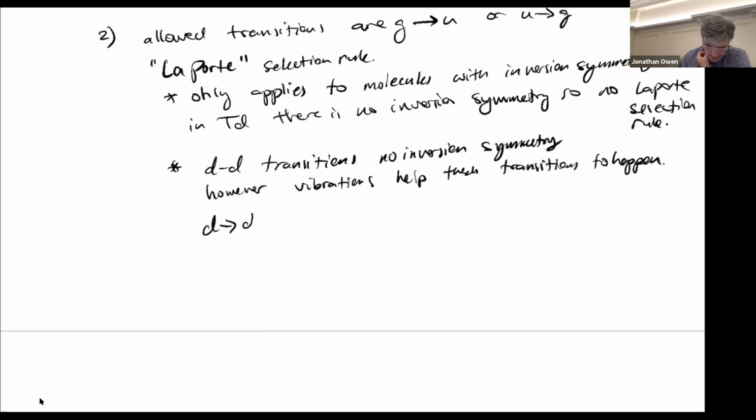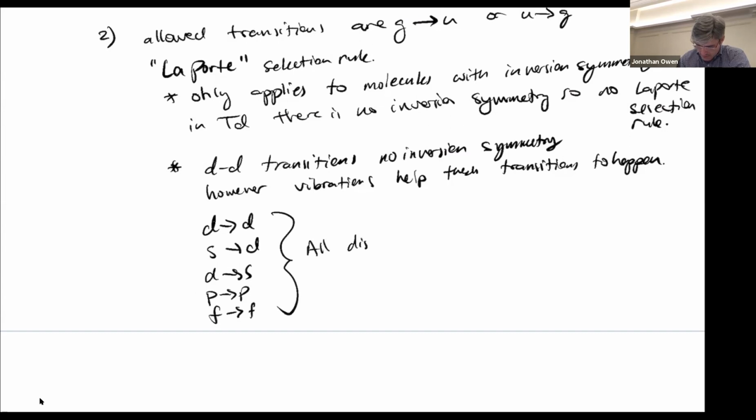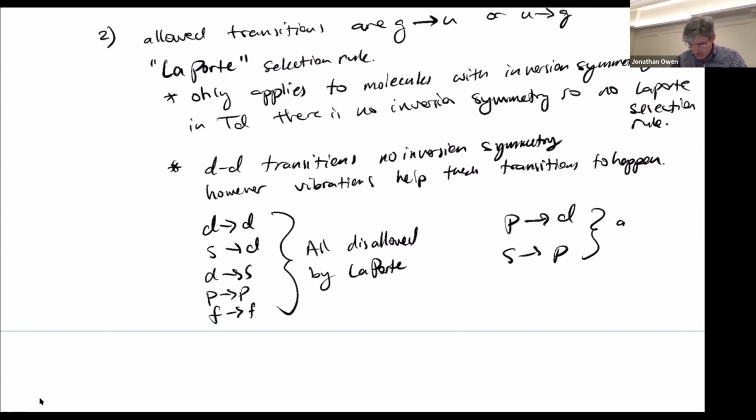So D to D, S to D, D to S, P to P, and F to F, all disallowed by Laporte. P to D, S to P, those are allowed.